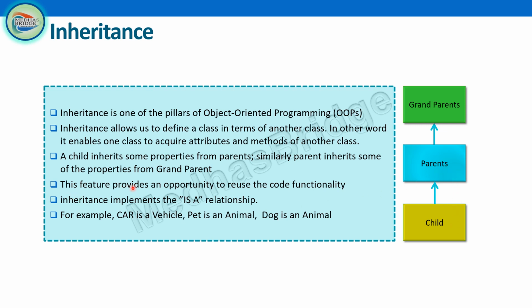This feature provides an opportunity for code reusability. Inheritance implements the "is-a" relationship. For example, car is a vehicle, pet is an animal, dog is an animal, pet is a dog, right?